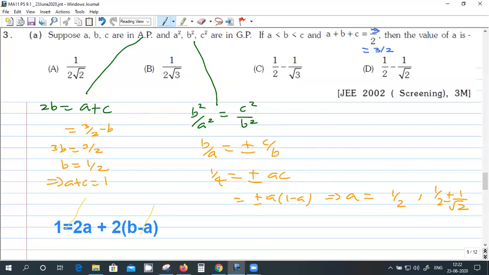See, I can get two quadratic equations, one using the plus sign, one using the minus sign. One quadratic equation will give one set of A. This is half, and it's actually the double root half comma half. And the second quadratic equation will be half plus or minus root 2. So one option is matching, B.